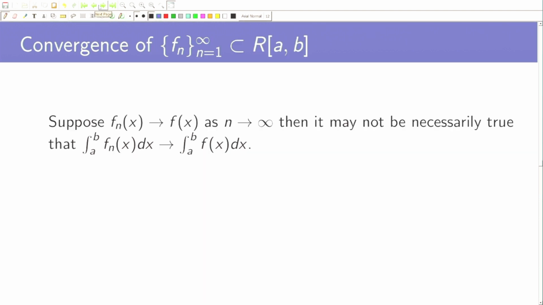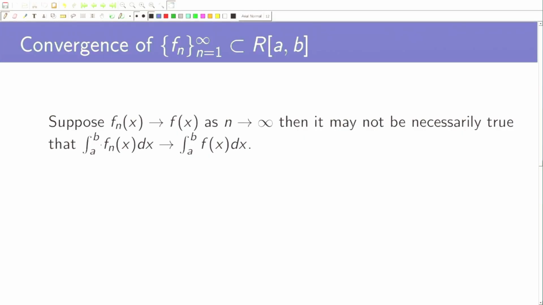So, one of the flaws in the Riemann theory of integration is that it is not very well behaved with respect to convergence of sequences of functions. One would like to ask: suppose we have a sequence of Riemann integrable functions f_n, and f_n(x) converges to f(x) for each x.